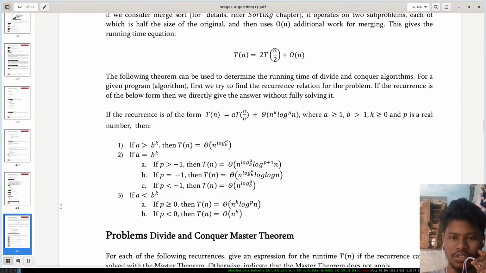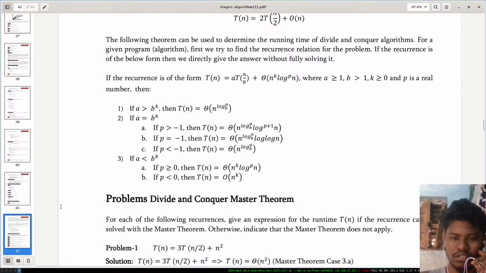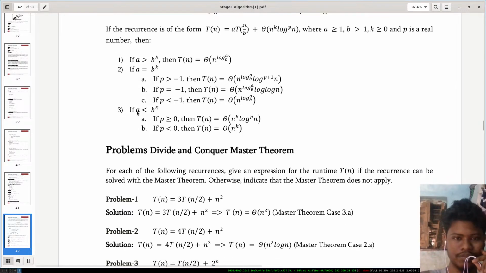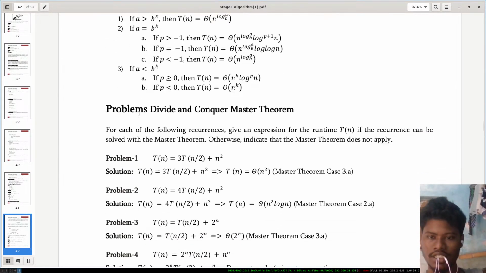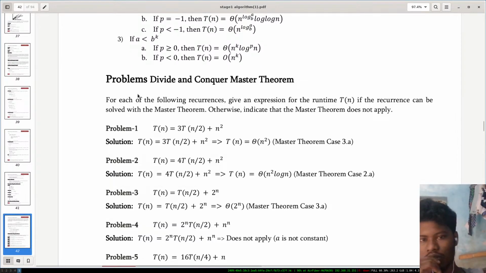Oh my god, there's a lot of things. Alright. Problems, divide and conquer, master theorem. So, oh my god.